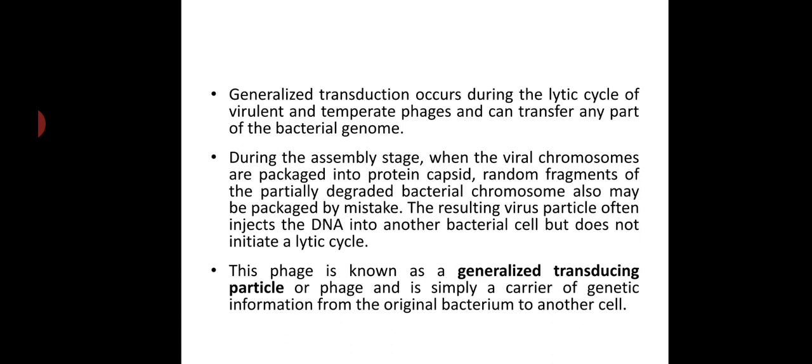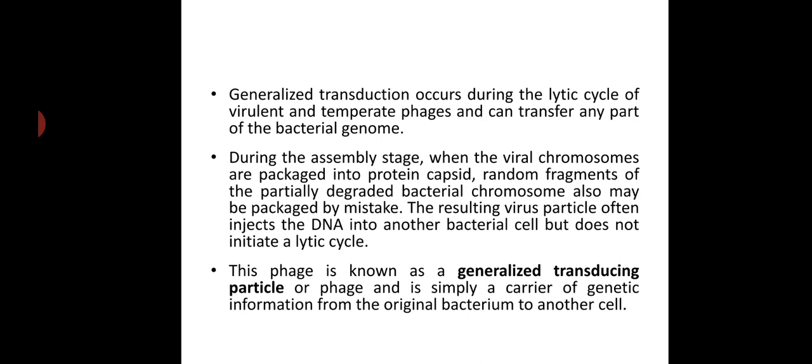Generalized transduction occurs during the lytic cycle of virulent and temperate bacteriophages and can transfer any part of the bacterial genome. During the assembly stage, when the viral chromosome is packed into the protein capsid, a random fragment of the partially degraded bacterial chromosome may also be packed by mistake.